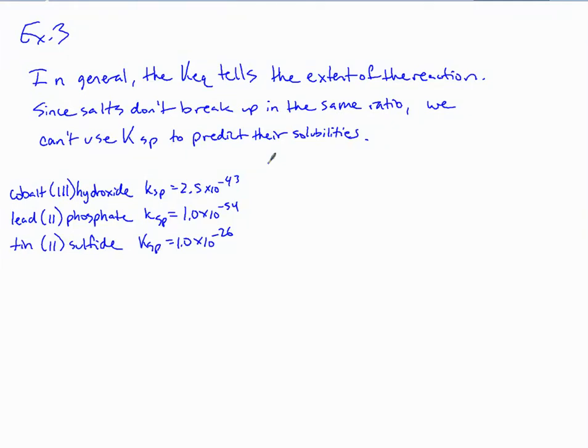And so the first thing that you're going to want to know is what's the formula of these different compounds. So cobalt 3 hydroxide, cobalt 3 plus, so that means 3 hydroxides. So there's the first one. And when it dissolves, you end up with this and 3 of these.